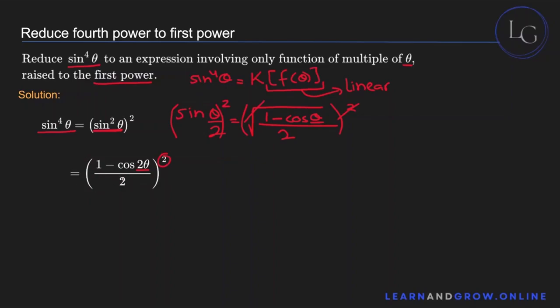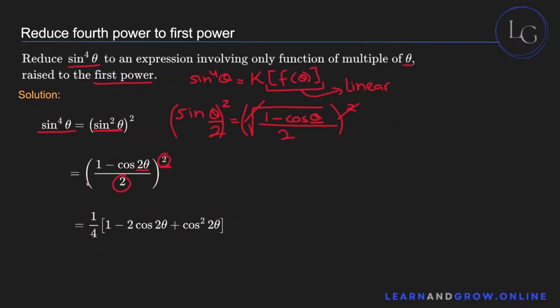Okay, so this is a smaller explanation, but now we need to eliminate this square as well, the square that is applied on the bracket. So the first thing you'll have to do is take this divided by 2, which means basically being multiplied with 1 by 2 outside of this bracket. So this is not 1 by 2, it will be 1 by 4 outside of the bracket because of this square.